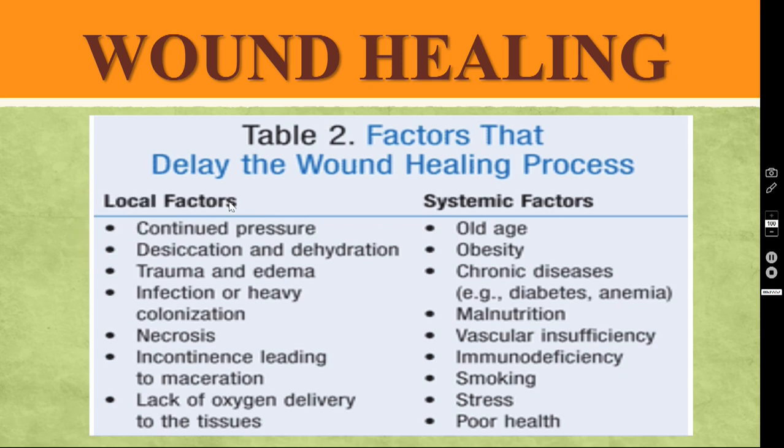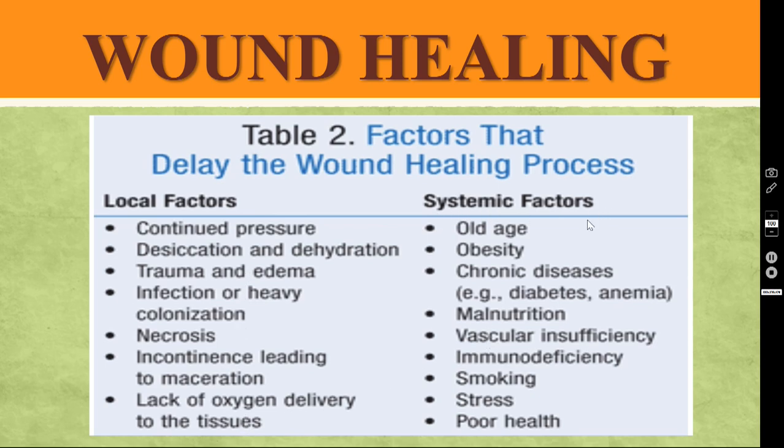The local factors that affect wound healing are, suppose continued pressure or lack of rest to the wound, desiccation and dehydration of the wound, trauma and edema to the wound, infection or heavy colonization of the wound, necrosis of the wound or the soft tissue, incontinence of either urine or feces, leading to maceration of the tissue that in turn will delay the wound healing. Lack of oxygen delivery to tissue also delays the wound healing.